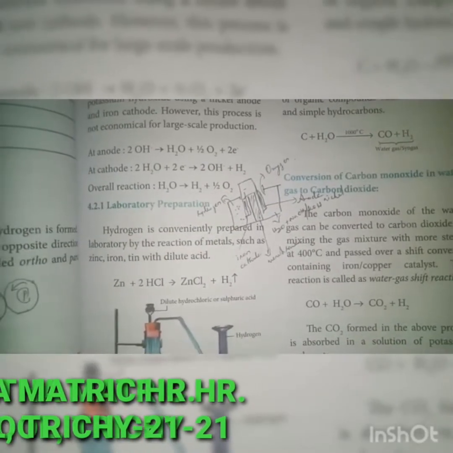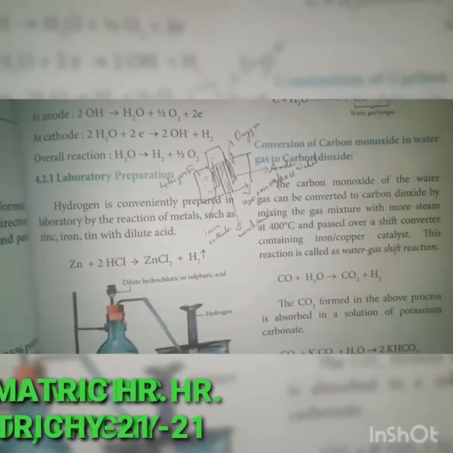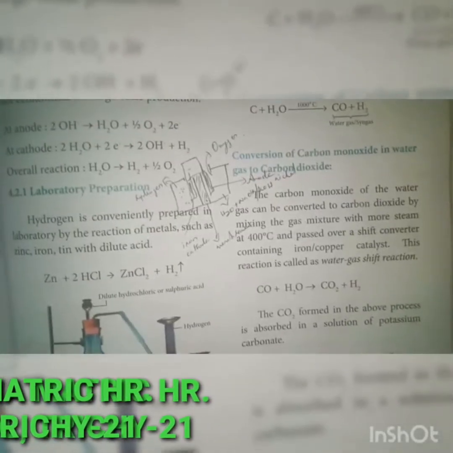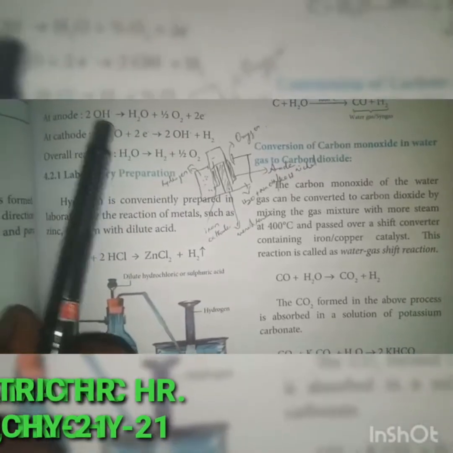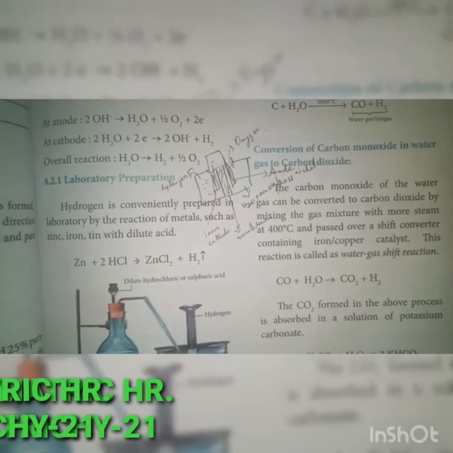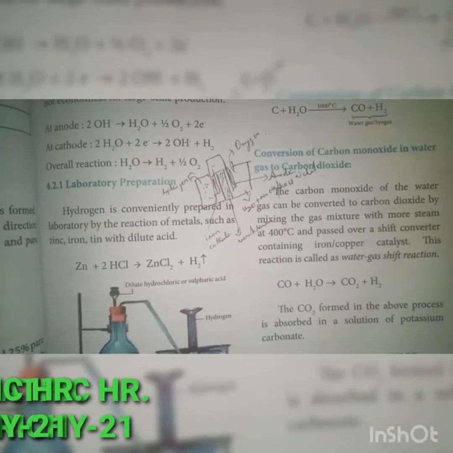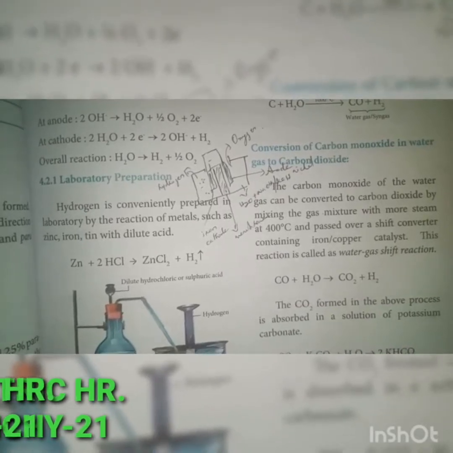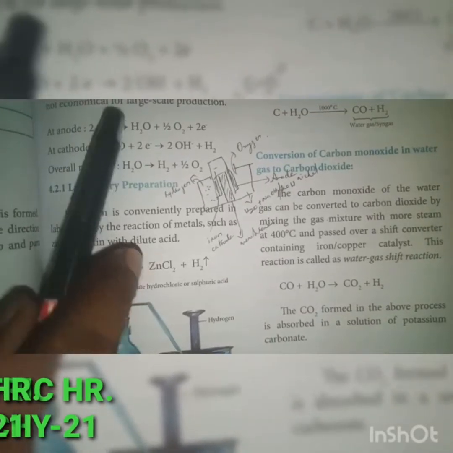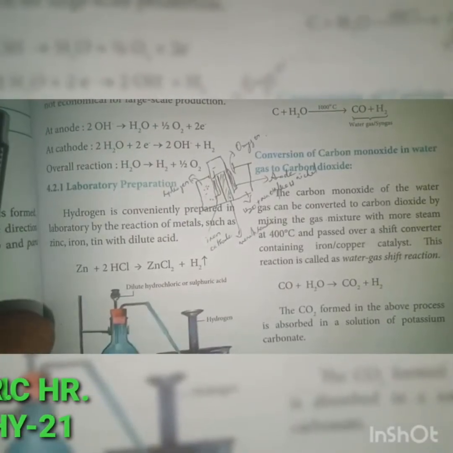Next, what happens at the anode and what happens at the cathode. At the anode, 2OH, the alkali, is converted into water molecules. What is the formula for water? H2O, plus 2 electrons, and what is remaining?